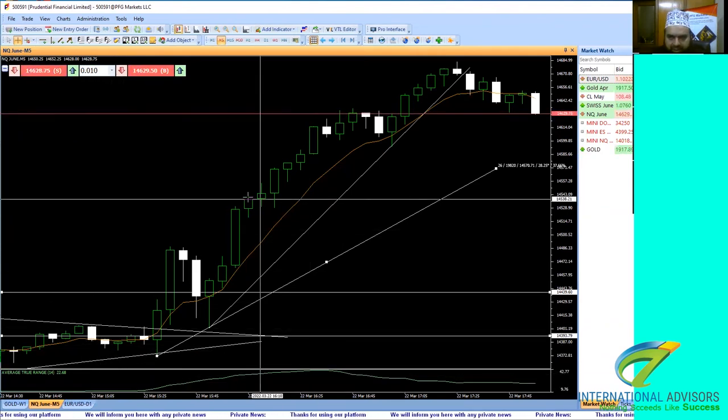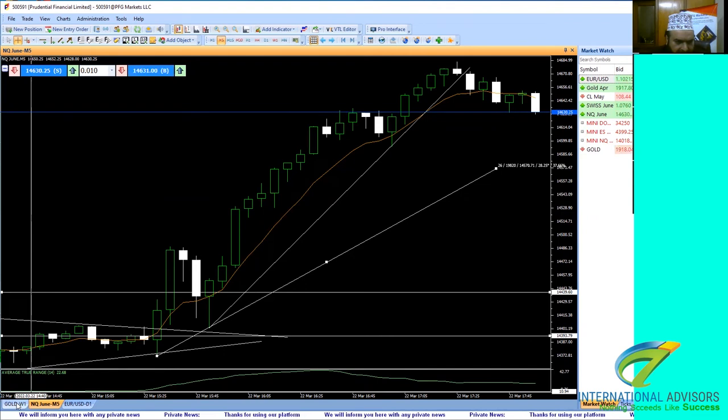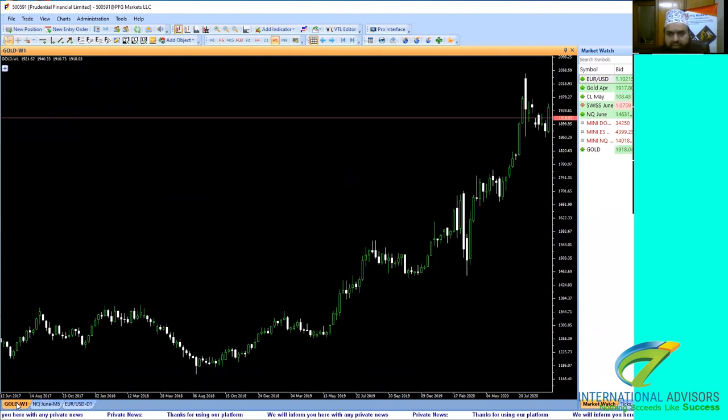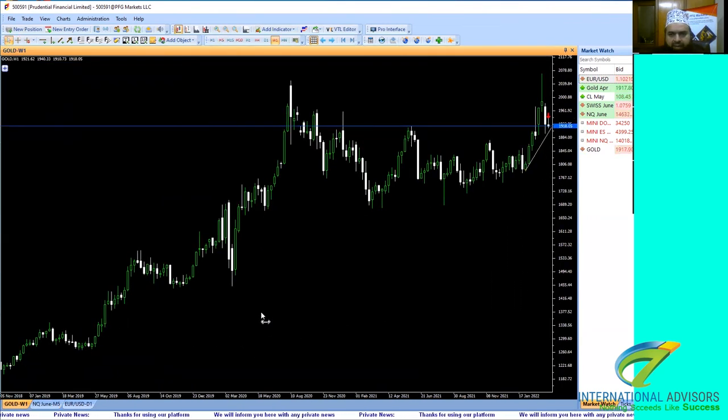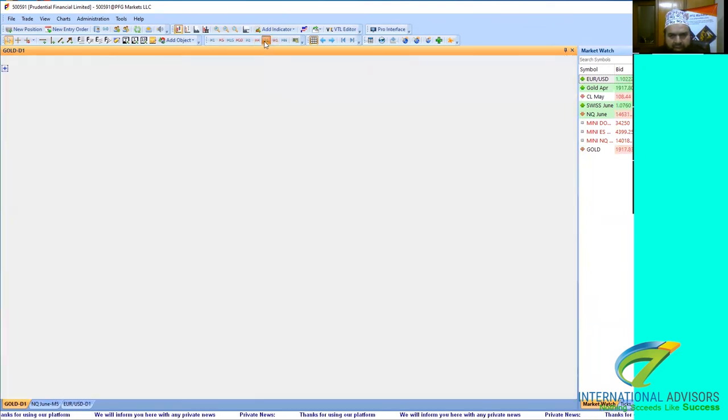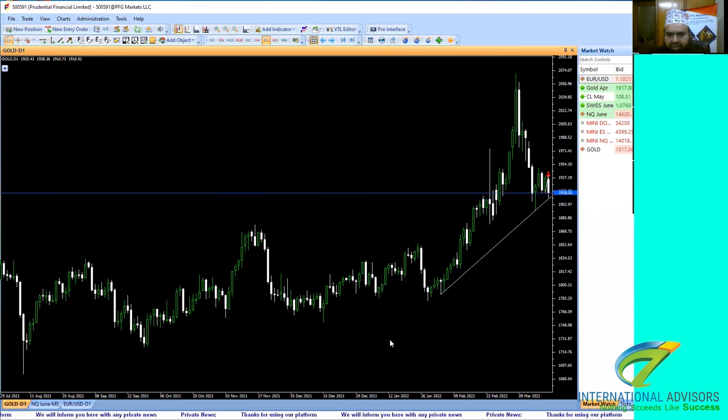Okay, right. Now for example, this is gold. Now you point 1: draw all the possible trend lines which the chart is showing you. Now here you see that this is the only valid support line, the current one. I mean, there can be multiple lines.